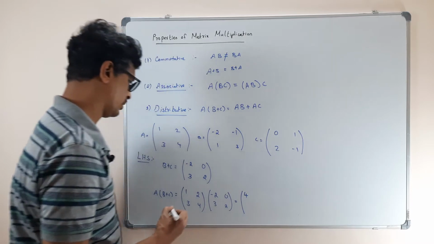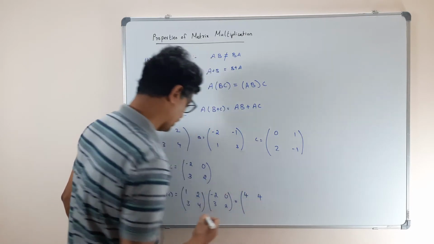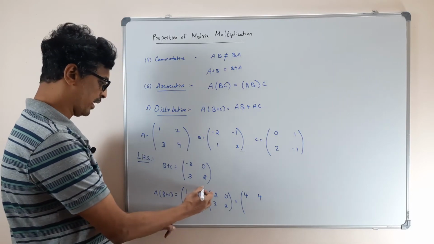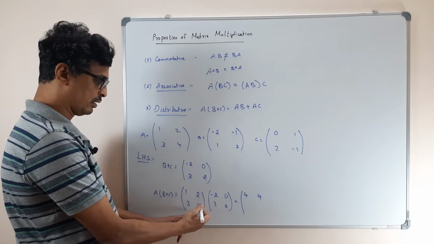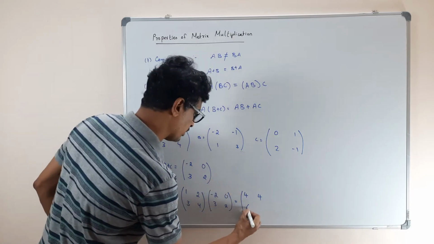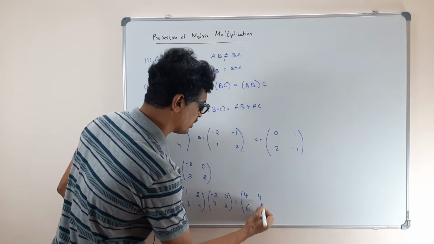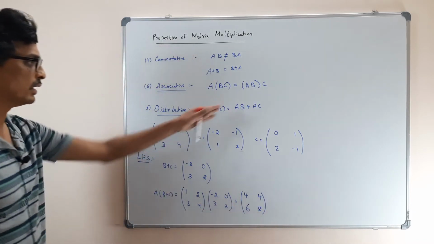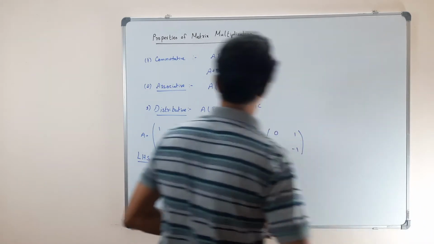So it will be 4. And that's also 4. This 0 and 4. And tell me what about this? 3 into minus 2, minus 6, plus 4 into 3 is 12, so 6. What about this? 0, 4 into 2 is 8. Am I right? So now let us go for the RHS. What will you do for the RHS?